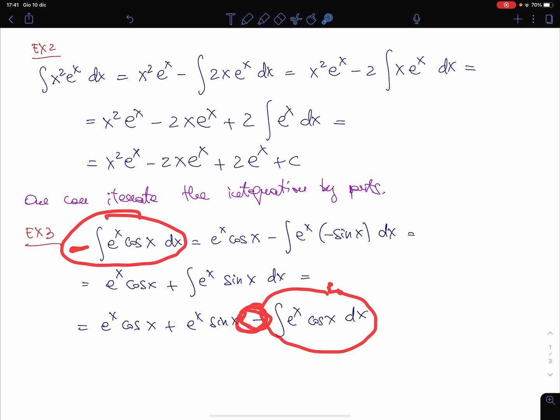So we are not really in the same situation as before, because these two integrals don't cancel; vice versa, they sum each other.